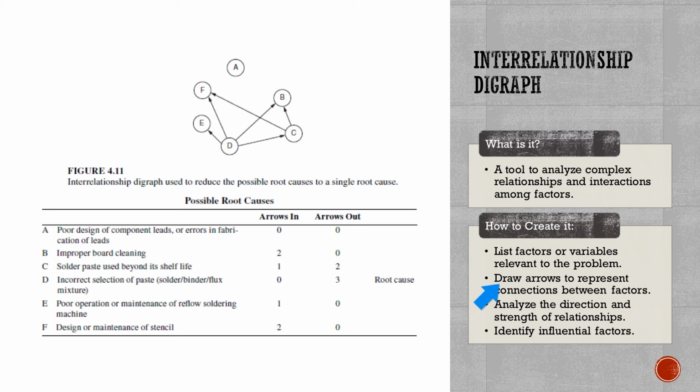And after you have determined the variables or the potential problem causes, you will draw an arrow to represent the connection between factors.